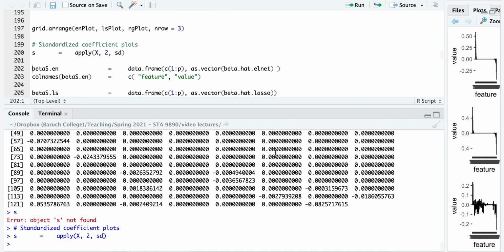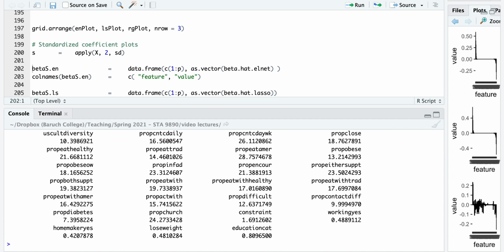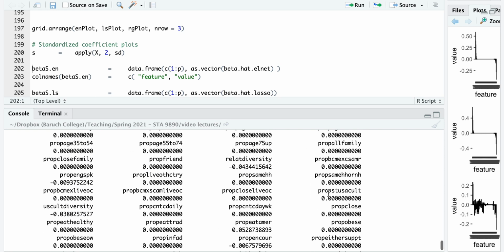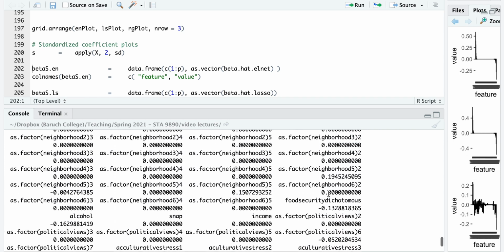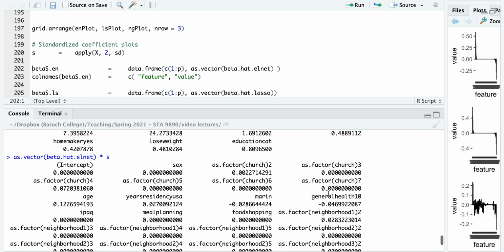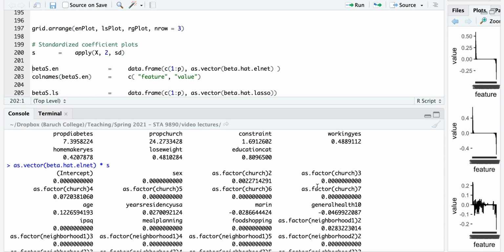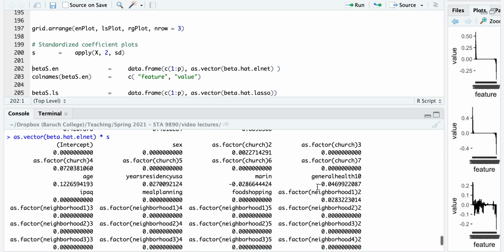Let's just calculate S. So now we have S. So these coefficients times S give us the standardized coefficients.